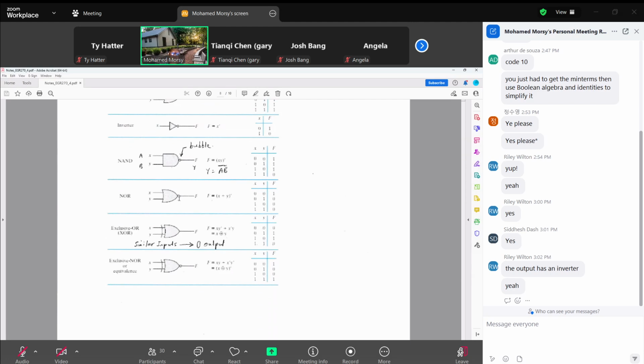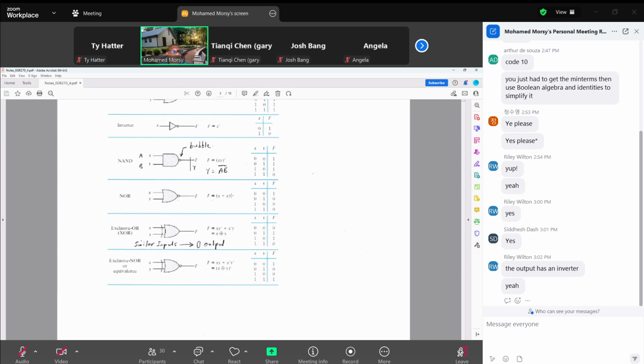Is the output of OR gate inverted? So we mentioned the output of the OR gate, OR, not NOR, is just a logic addition. So X plus Y. For NOR, it is X plus Y, total inverted. Means the inverted sign is over the whole term.